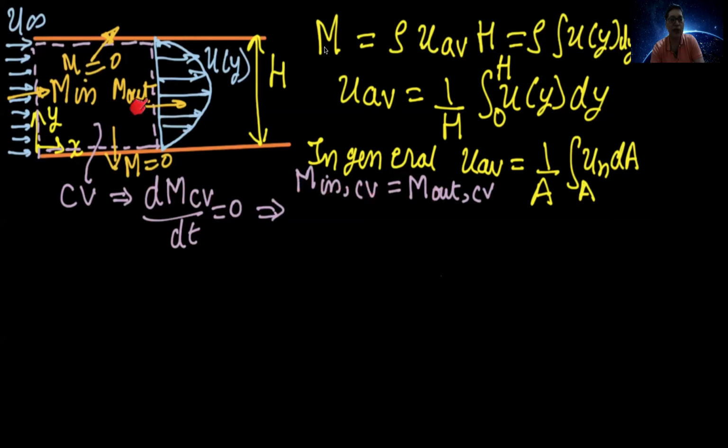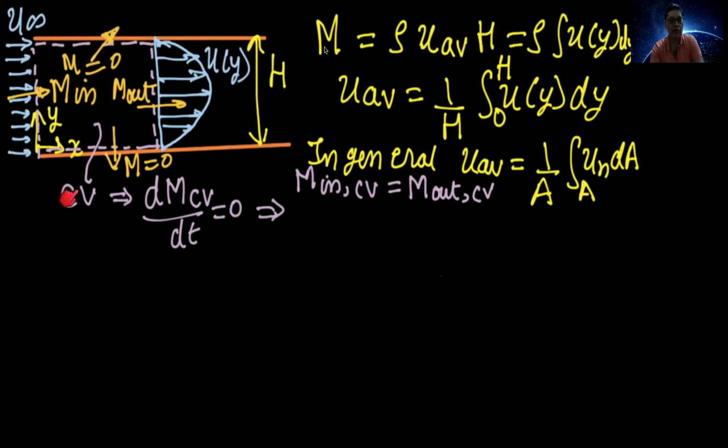Now as far as the mass flow rates are concerned, note that the upper surface of the control volume is in contact with the solid surface, and the fluid cannot penetrate this solid surface, so no mass of the fluid can go out from the top surface.